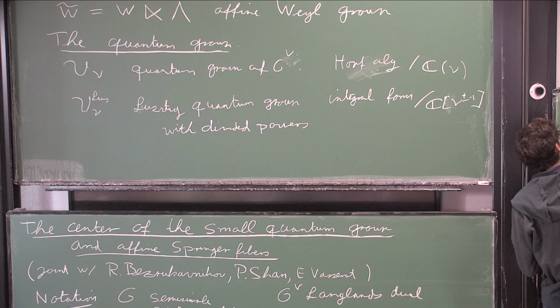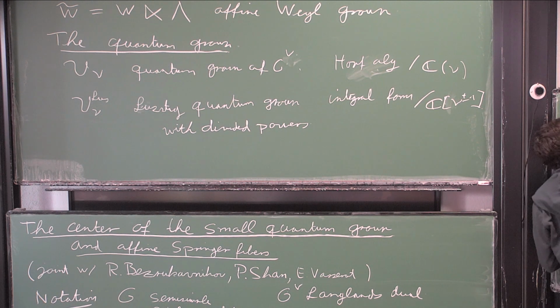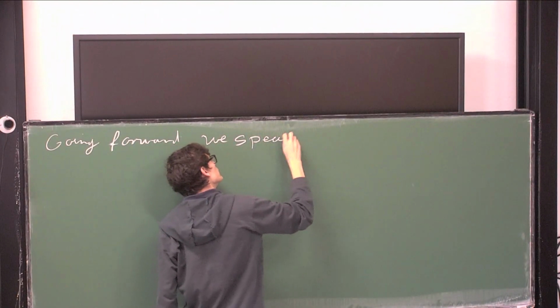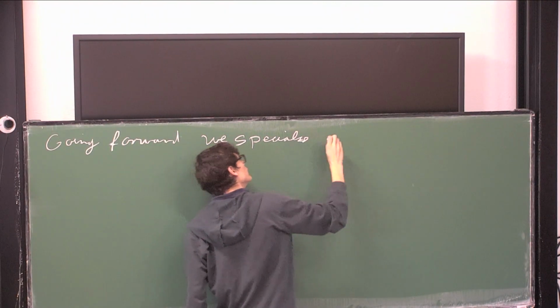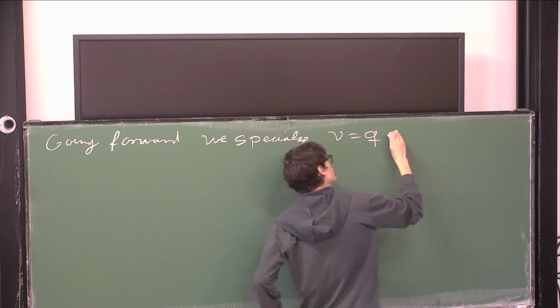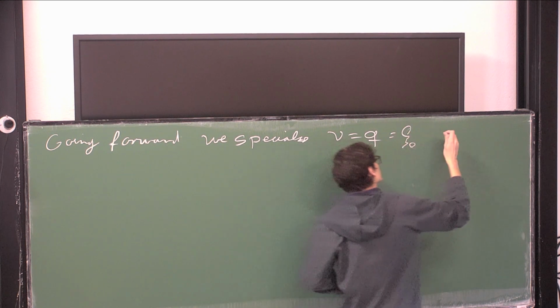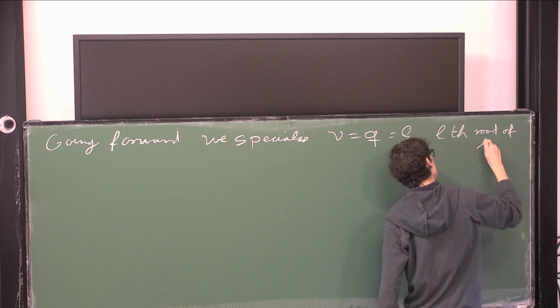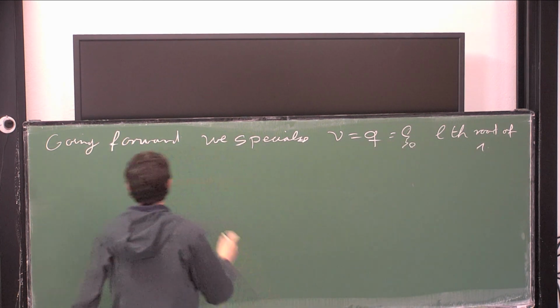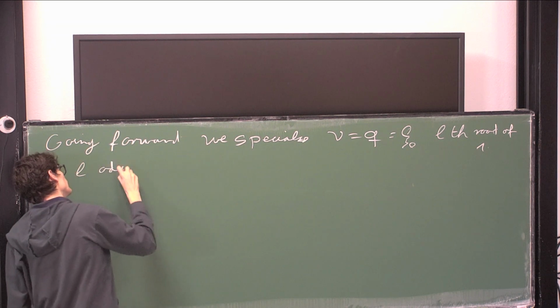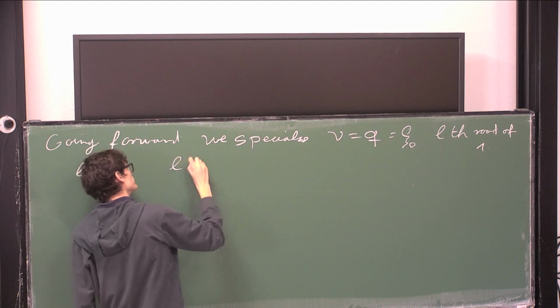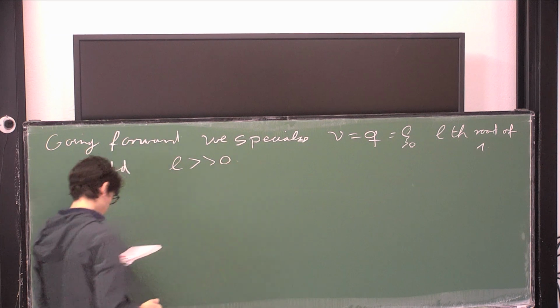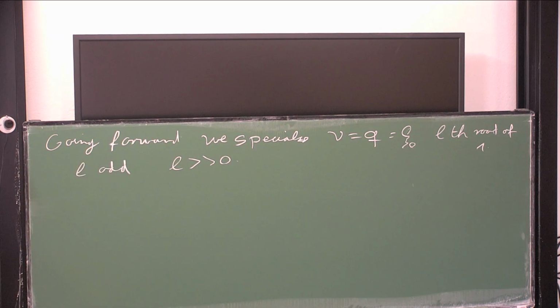So going forward, we specialize nu to be equal to q, an lth root of unity. And I want l to be odd and large enough. Large enough just means bigger than the Coxeter number.